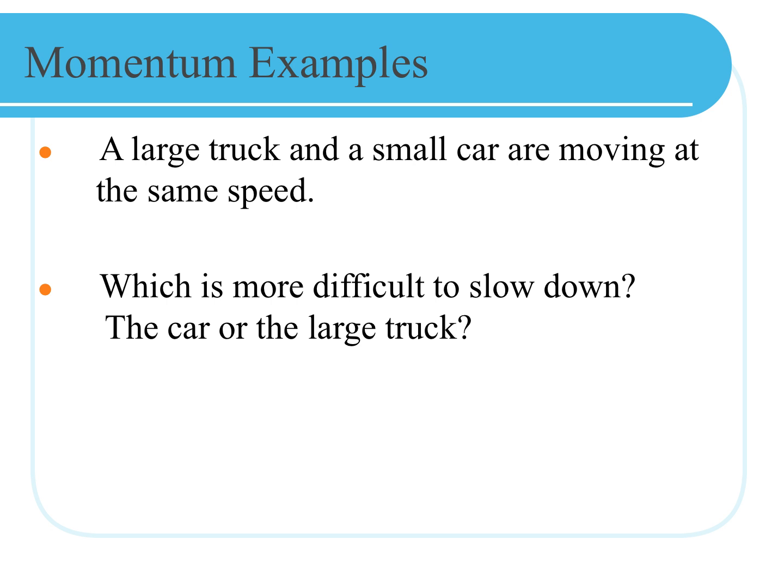Okay, a large truck and small car are moving at the same speed. Which is more difficult to slow down or to stop? If I have a large truck and a small car moving at the same speed, which is more difficult to slow down? The truck, right? And what's that contributing factor? The mass, right? They're already moving at the same velocity, so the truck is harder to slow down. Which has greater momentum?